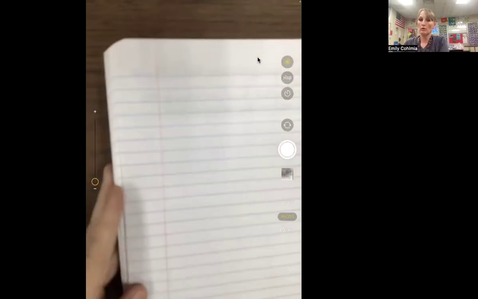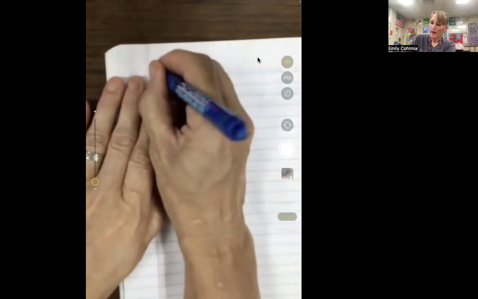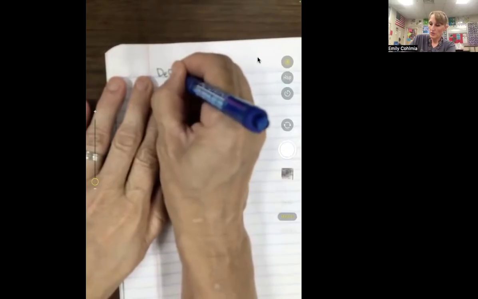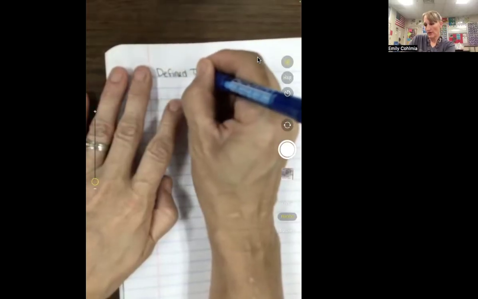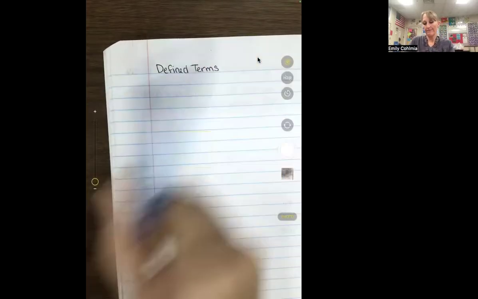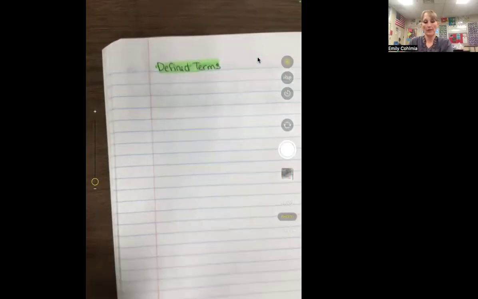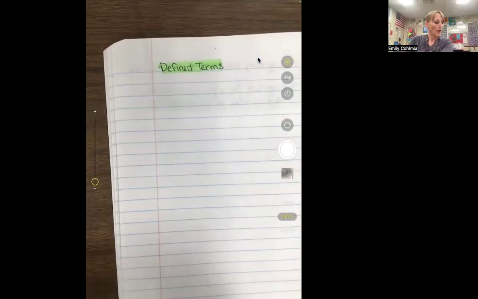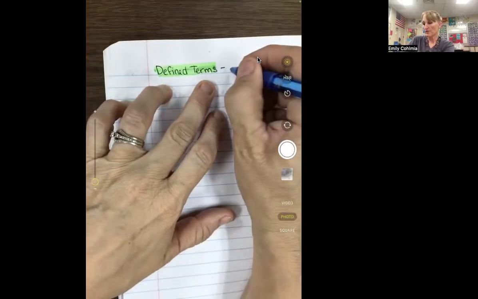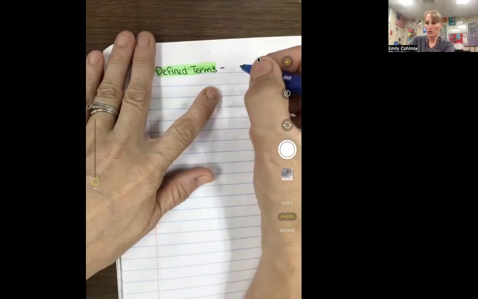Okay. So some more vocabulary. We have defined terms. So we learned about undefined terms. Now we're going to learn about defined terms. These are ones we can define, but you have to use the undefined terms to do it.